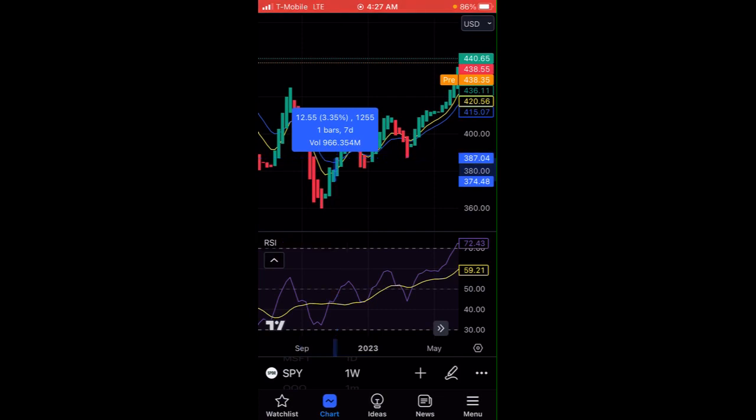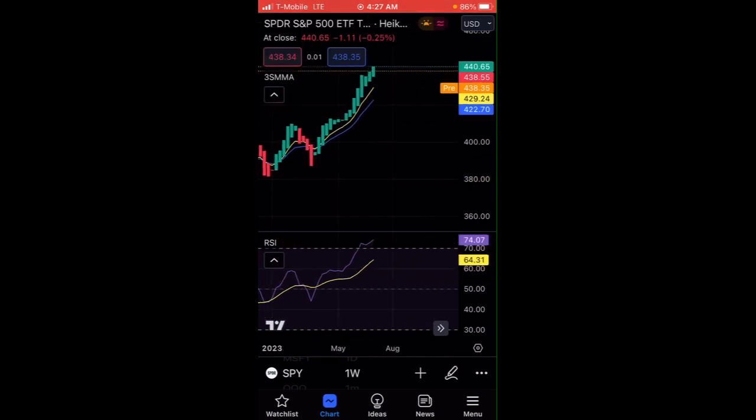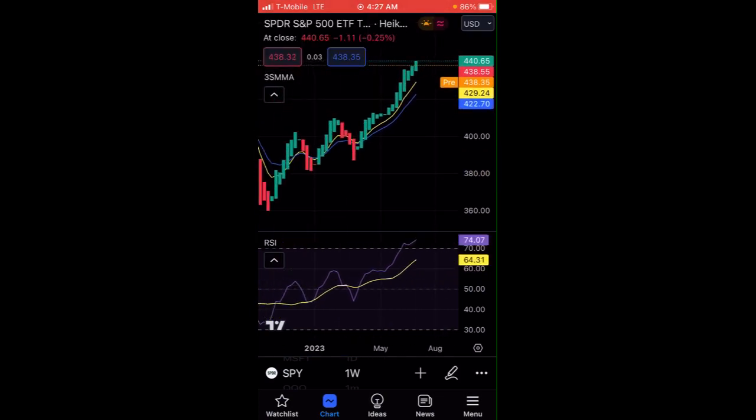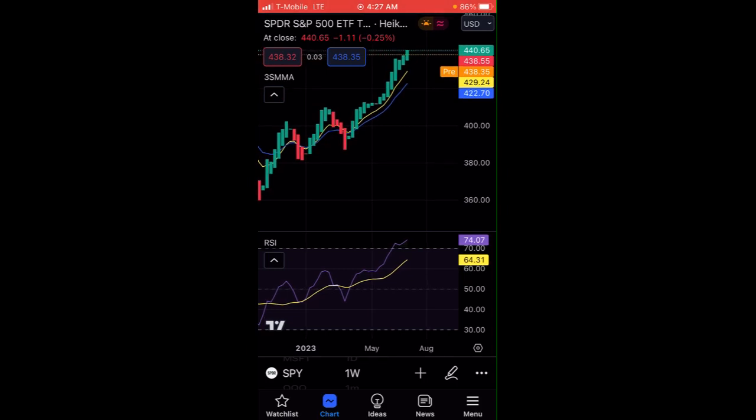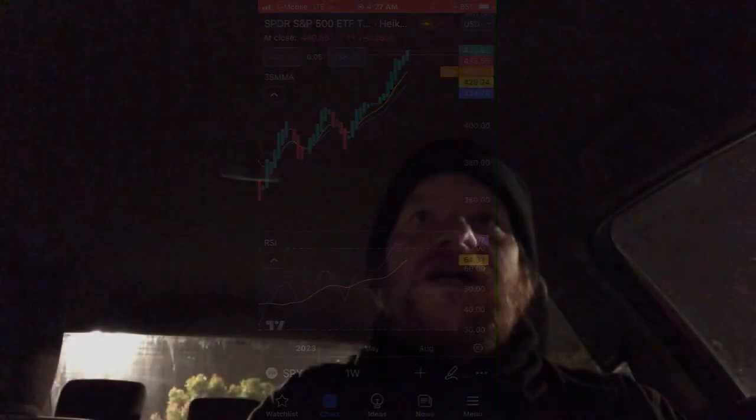So anyway, I find this strategy very, very powerful with doing options trading. Now there are some advantages and disadvantages to doing this particular strategy with options trading. So the disadvantage of doing this strategy is it takes a very long time for the signal to happen. So what I do is I wake up every day, I look at the stocks, I look where it is on the weekly.